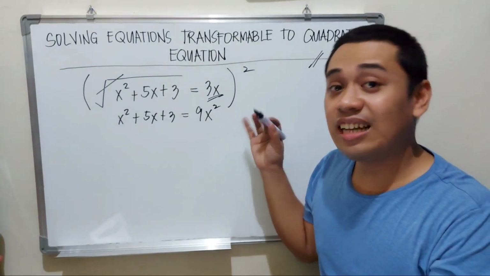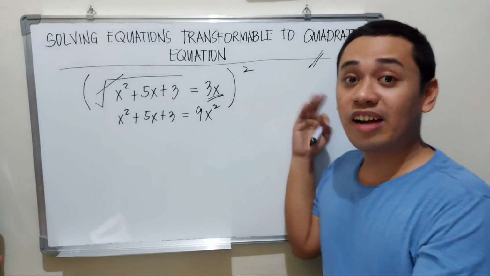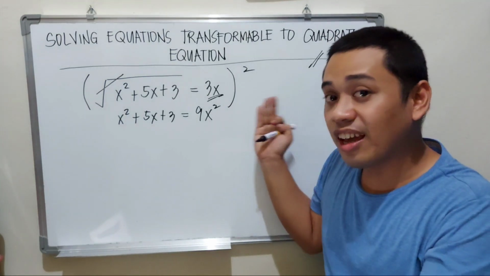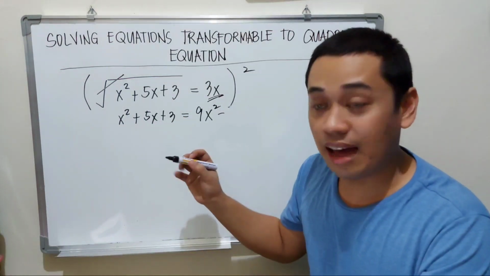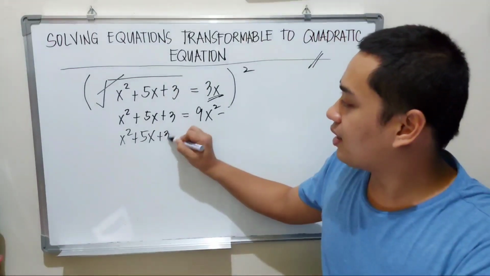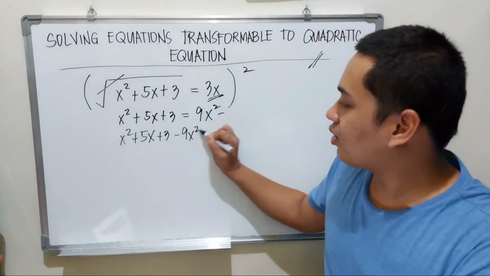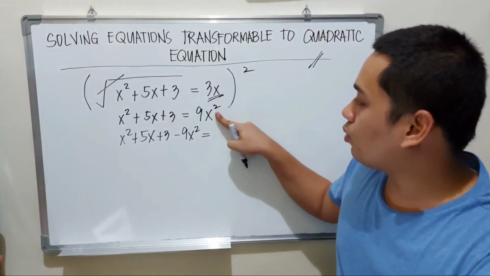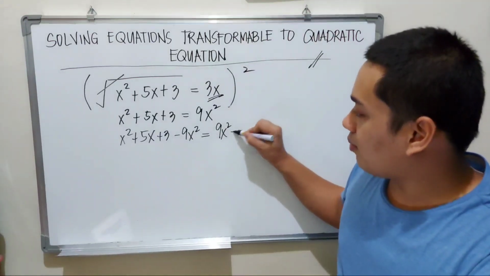And adding the additive inverse of the terms on the right side to be able to equate it to 0.